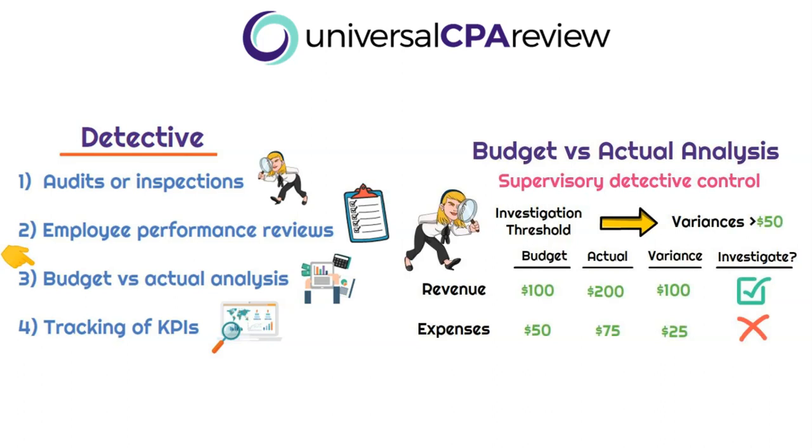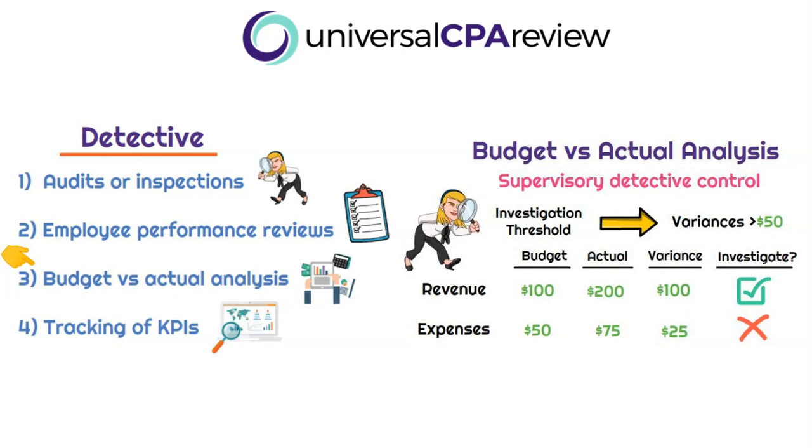The next control would be a budget versus actual analysis. So if the company does a proper budget, they'd say, okay, this coming month, we expect to generate $100 of revenue. We expect to spend $50. Well, at the end of that next month, they have their actual results. Somebody should go in and compare the budgeted versus the actual results.